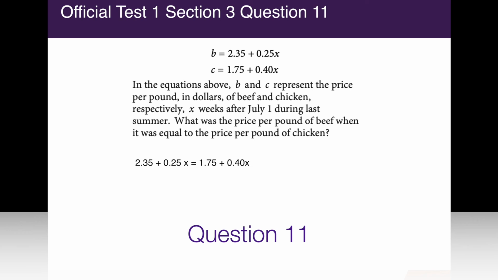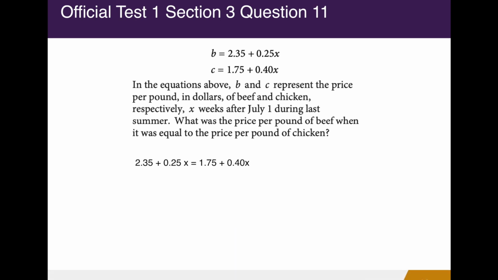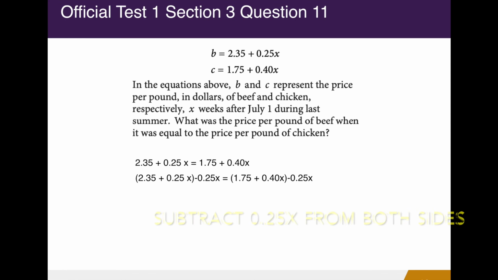Since the price of beef and chicken is the same, we can say 2.35 plus 0.25x equals 1.75 plus 0.40x. And then we subtract 0.25x from both sides. So 2.35 plus 0.25x minus 0.25x equals 1.75 plus 0.40x minus 0.25x.